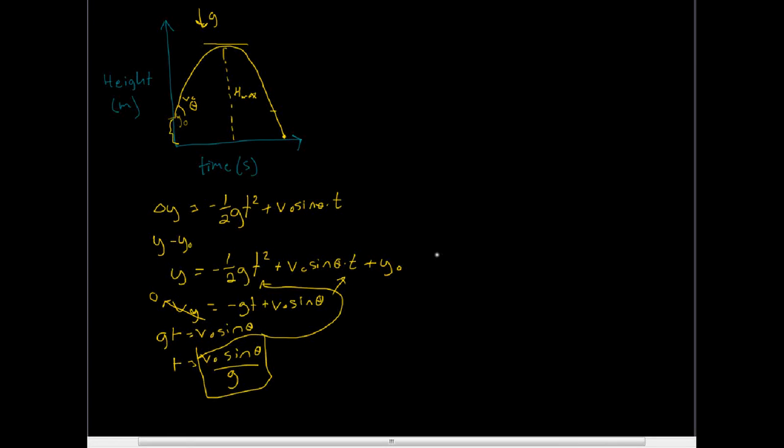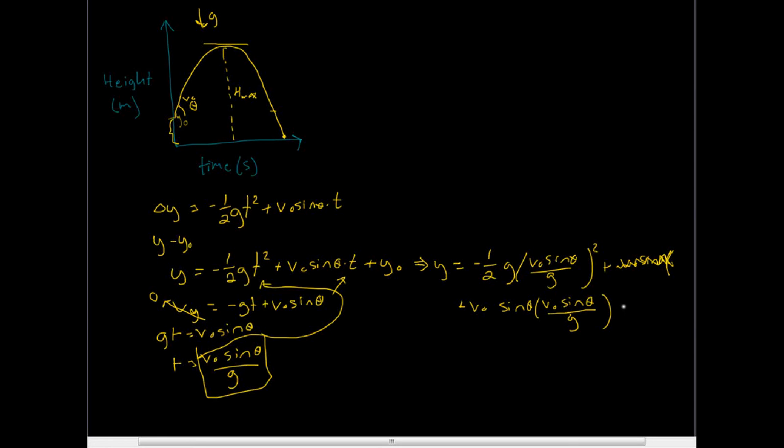And when we do that, we get y equals negative 1/2 g times v naught sine theta over g, that whole thing squared, plus v naught sine theta times v naught sine theta over g, plus y naught.